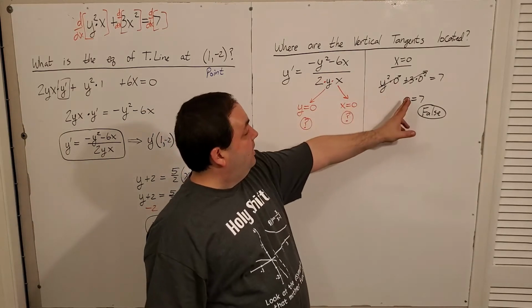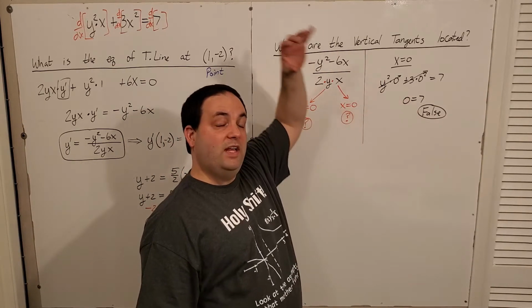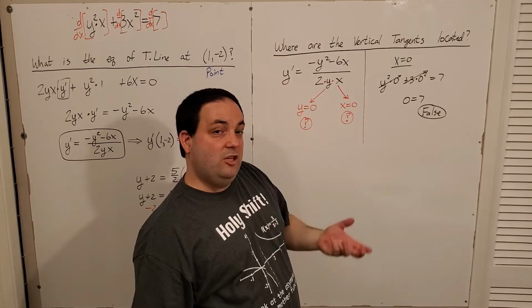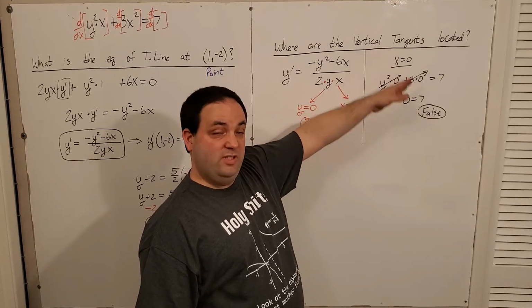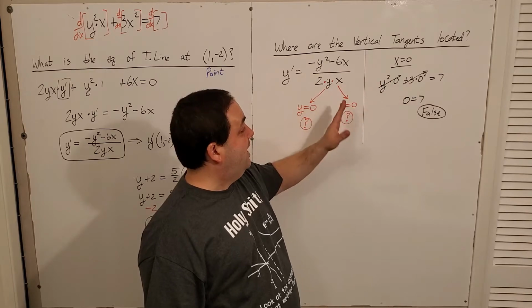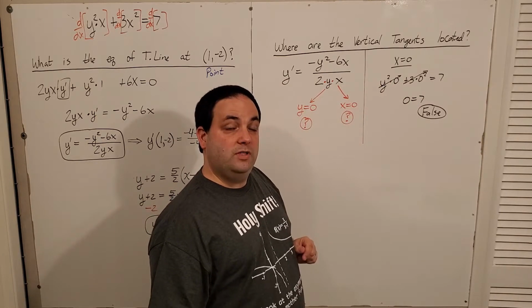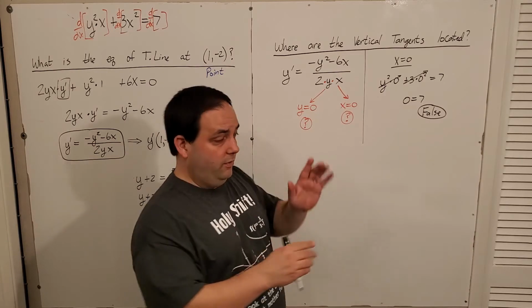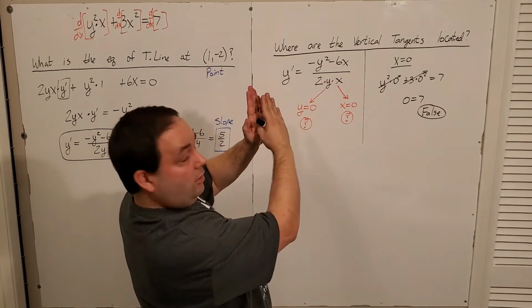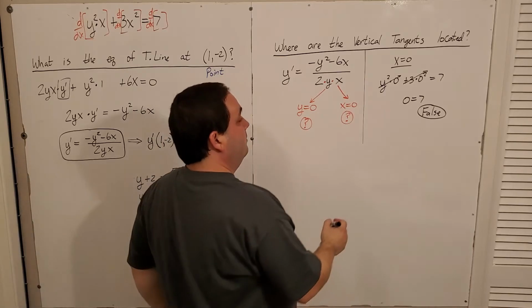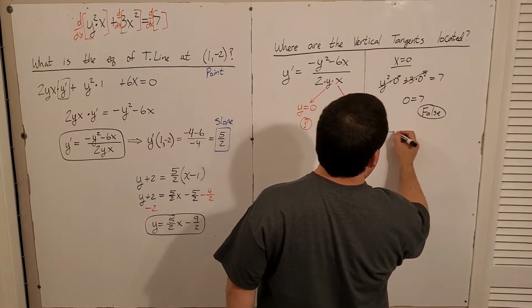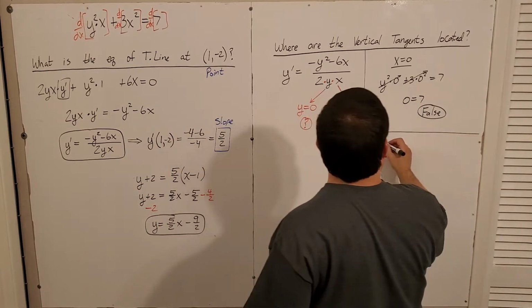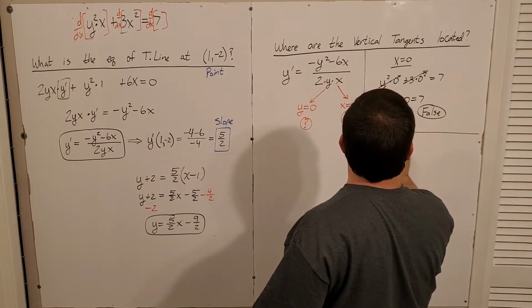But the fact that I'm getting a false statement over here, the fact that x equals 0 is not in the domain, is telling me that this is probably a vertical asymptote on the graph, not a piece of the graph that's doing that. Okay, let's test the next one. Y equals 0.